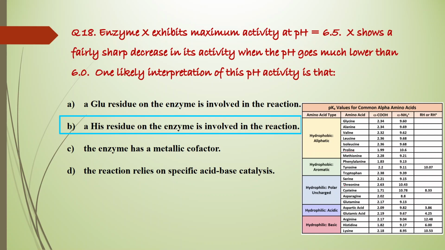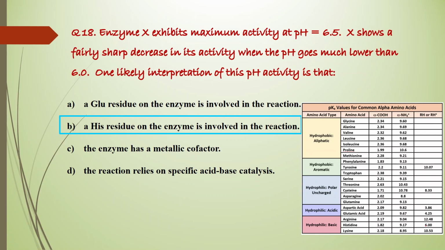But if we look for histidine residue, the side chain pK value for histidine is 6. Okay, so obviously from that we can assume at 6.5 it does have a very high activity.